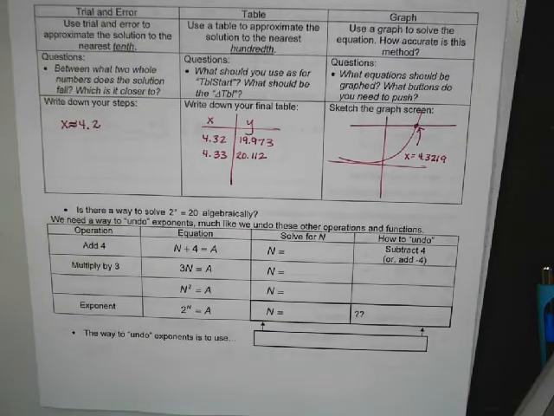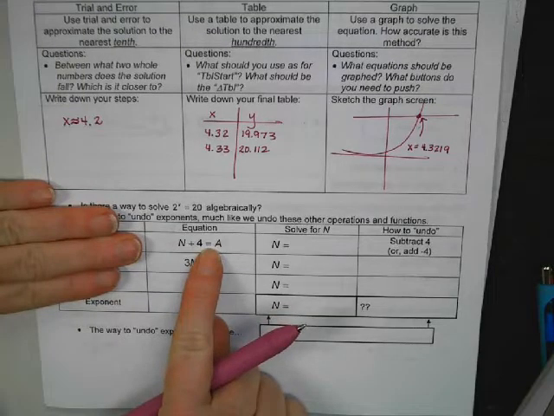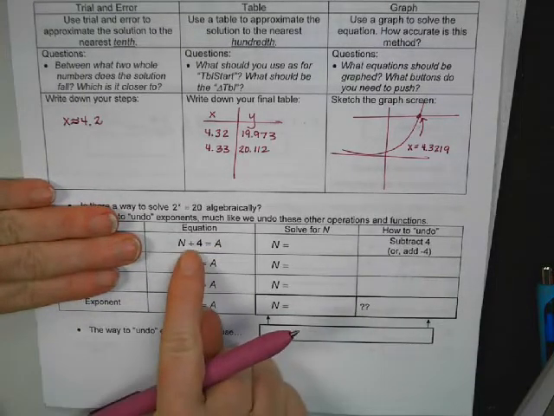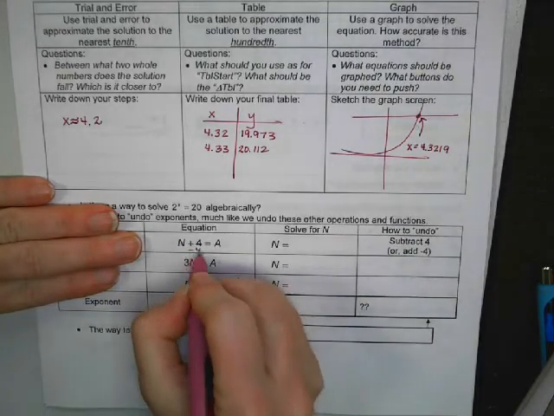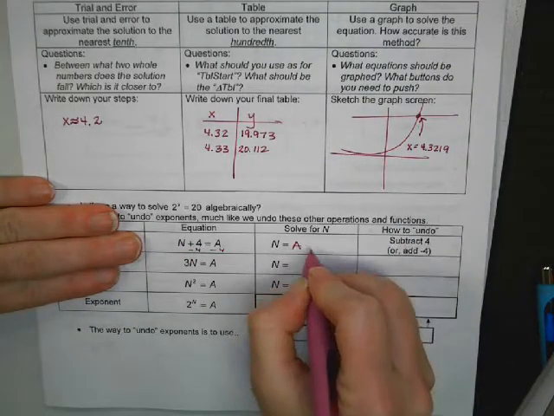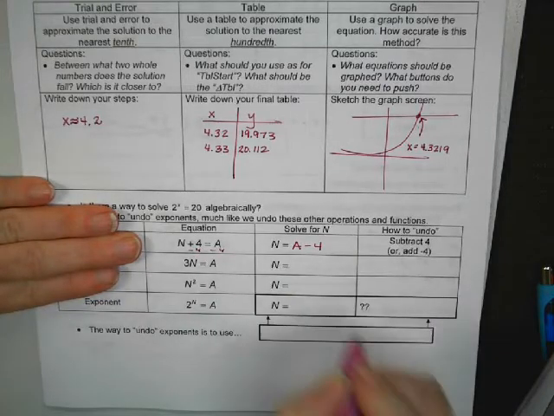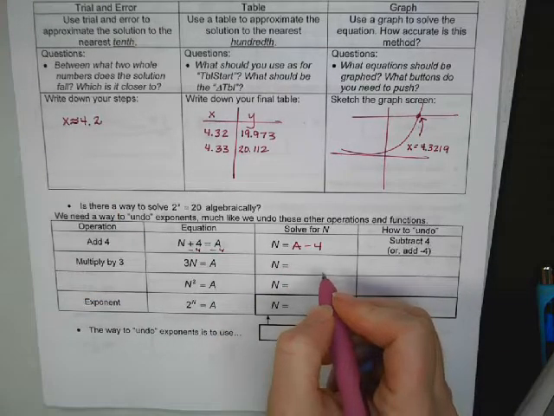This is just like way back in Algebra 1. If you had n plus 4 equals a, and I'm trying to solve for n, how do I get n by itself? Subtract 4. If I subtract 4 from both sides, I end up getting a minus 4. That's using an inverse to solve.